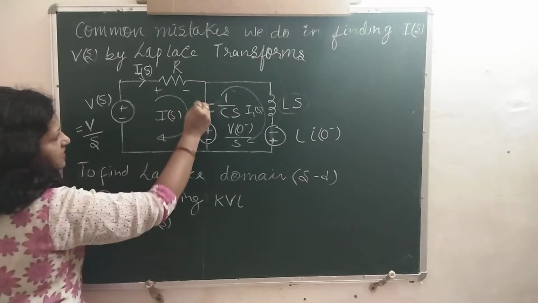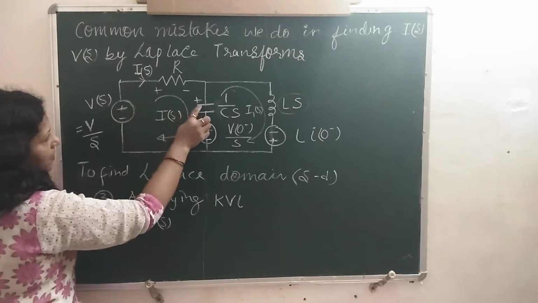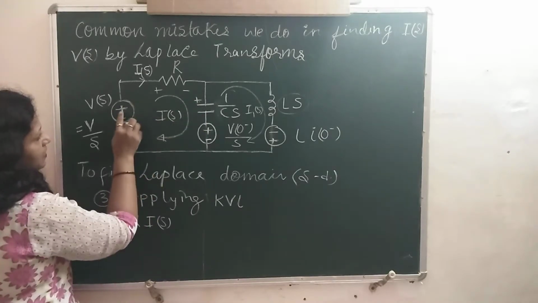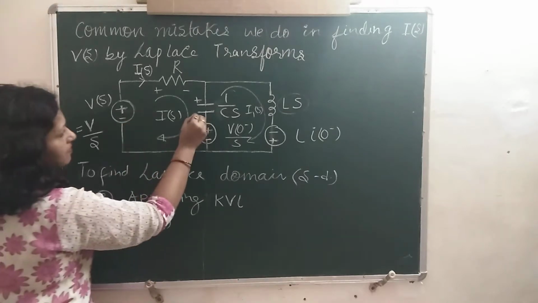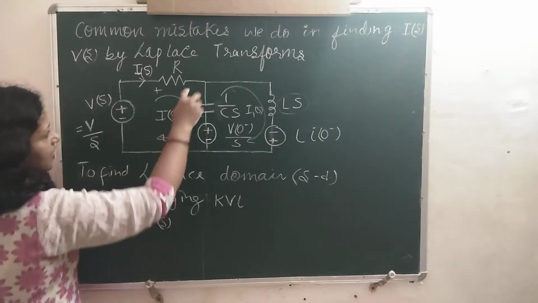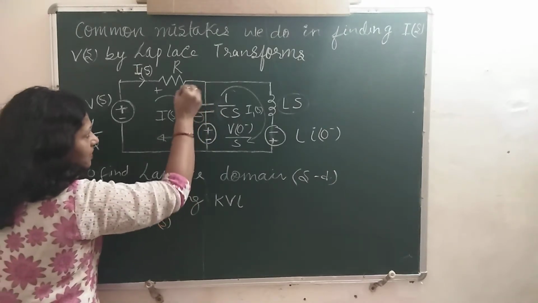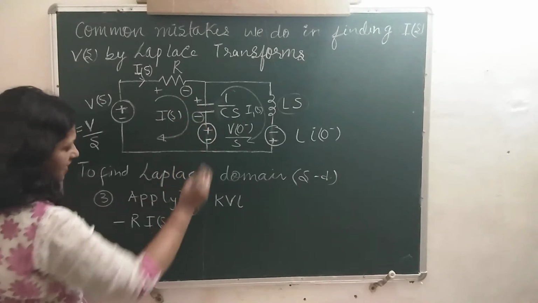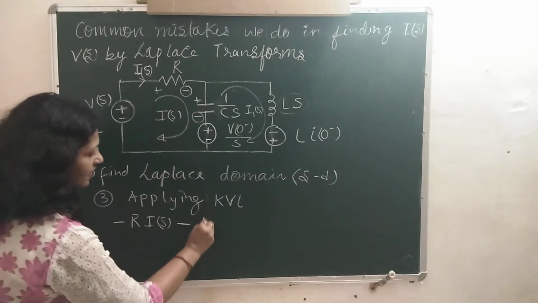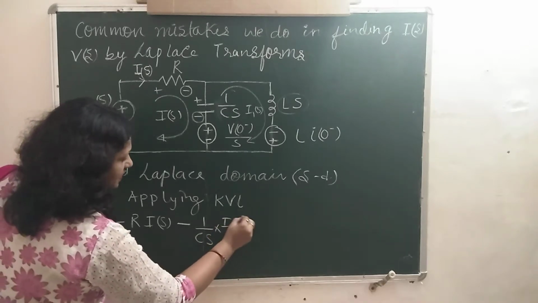The capacitor will be charged like this: upper plate positive from this positive terminal and lower plate negative from this negative terminal. So again we are moving from plus to minus, so we take into mind the last sign. Our capacitor will have impedance 1 by Cs multiplied by current Is.